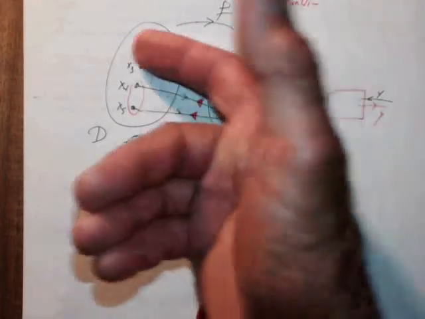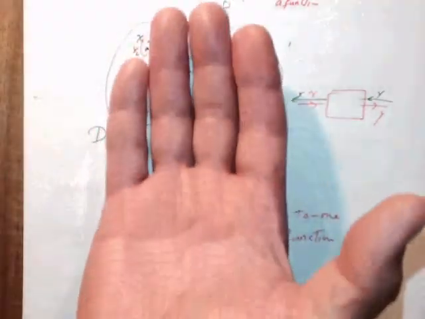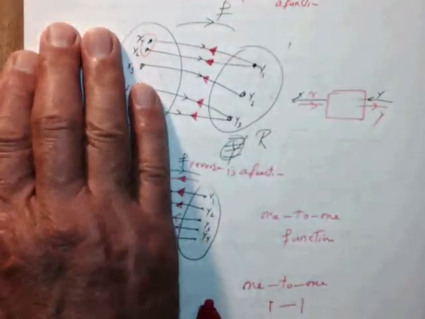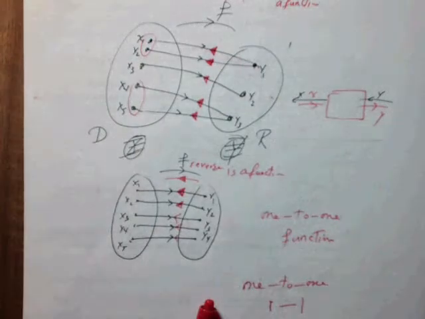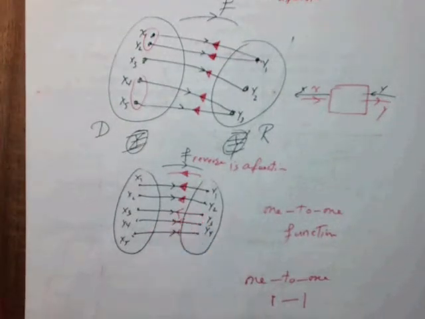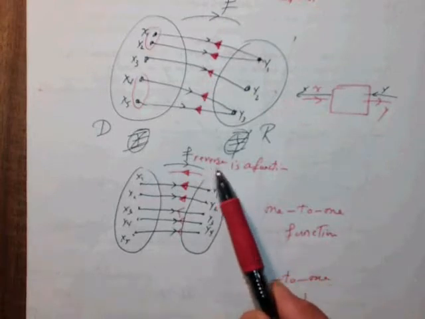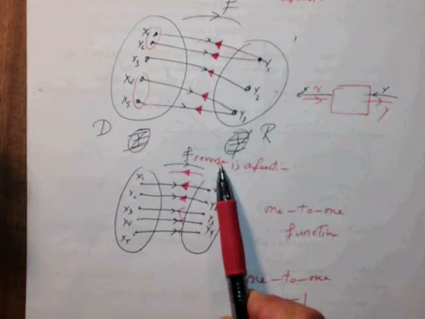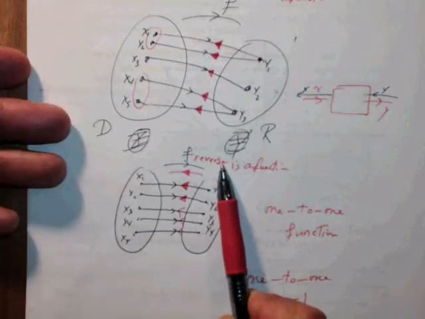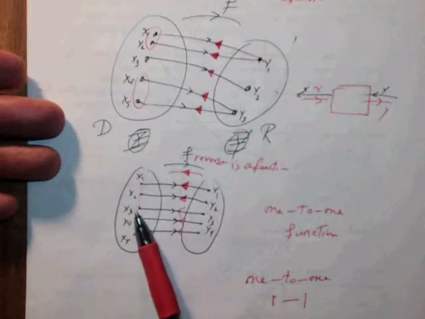We reverse the operations, then like a pancake, we turn it around and put it that way, so the input would be on the left side. For this one it turns out not to be a function, but this one it becomes a function. So if the reverse operation is a function, that reverse operation would be called the inverse. So if you want to have an inverse function, you better start with a one-to-one function.